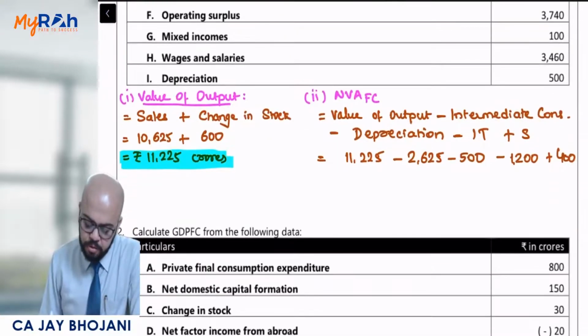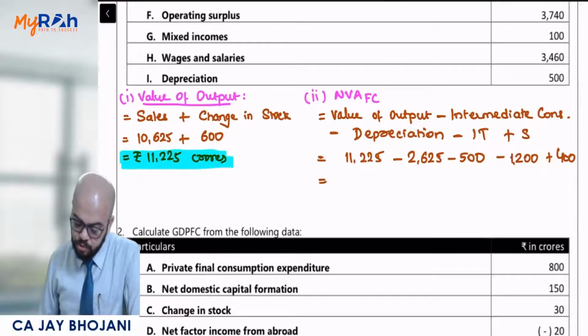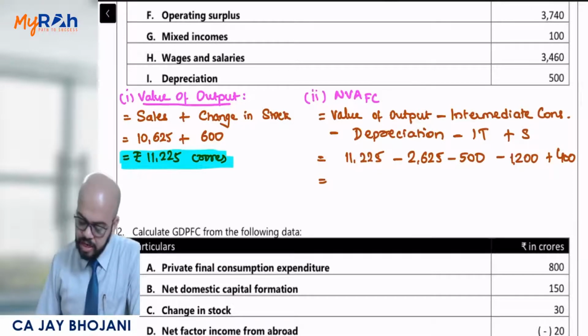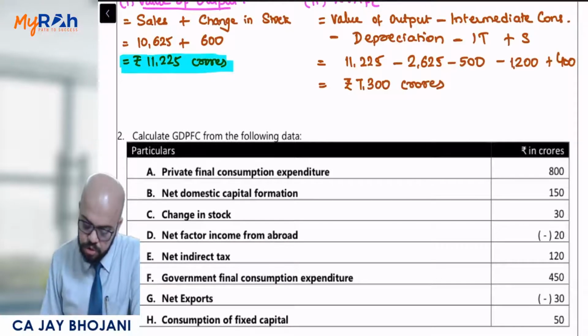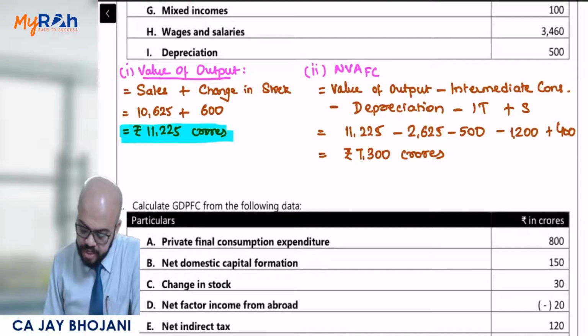Correct? So how much will this be? 11,225 minus 2,625 minus 500 minus 1,200 plus 400. That will give me 7,300 crores. That is the answer to the second part.